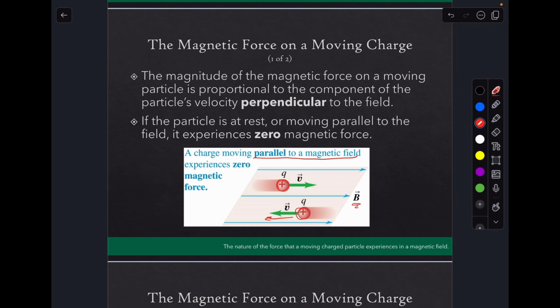The only time they feel a force due to B is when there is a component of V perpendicular to B. Okay? So the other time that a particle will not feel magnetic force is if it is at rest, right? Meaning V equals 0. So if it is not moving, it does not feel a magnetic force.